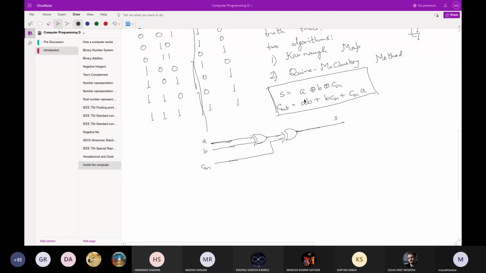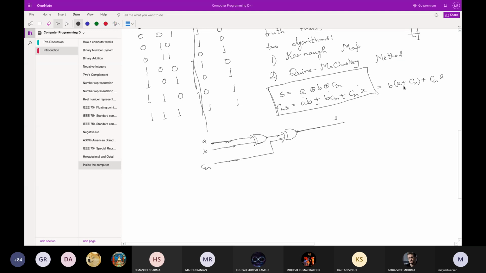How many operations do you need to carry out? 1, 2, 3, then 2 ORs. Total 5 operations. In fact, we can minimize it. Let me take B common: B times (A plus C in), plus C in A. I have taken B common from here.